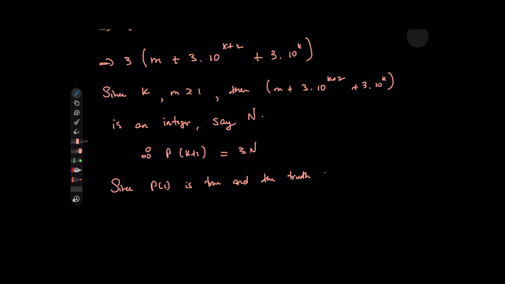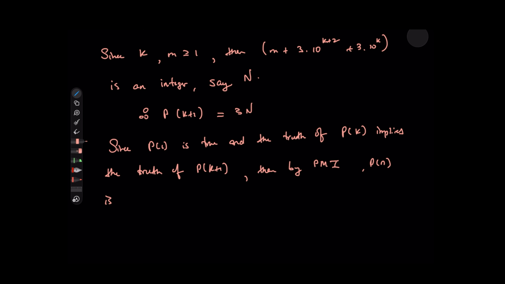Since p of 1 is true and the truth of p of k implies the truth of p of k plus 1, then by the principle of mathematical induction, p of n is divisible by 3 for all n that's greater than or equal to 1.